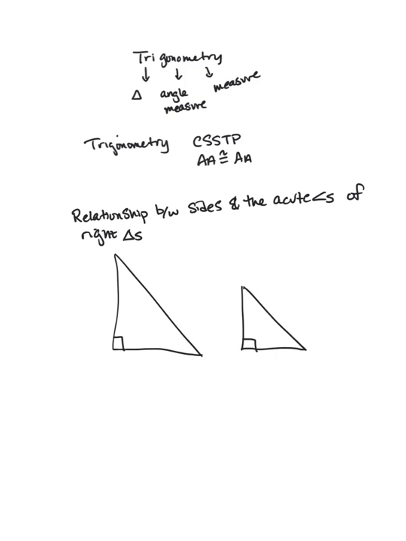We'll say that this is 3, this is 4, and we'll say this is 12, this is 16. So these two triangles are similar. We'll call this triangle ABC, and triangle DEF. They're similar by side angle side.